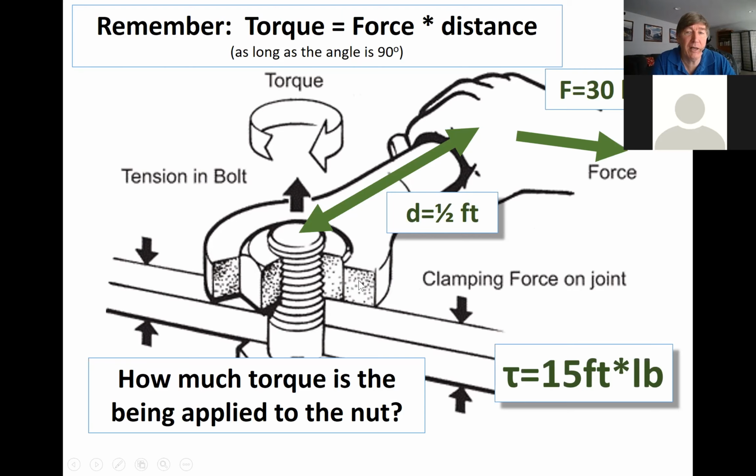How would you respond if this was 13 newtons instead of 13 pounds, and if this was a half of a meter instead of a half of a foot? The answer is still going to be 15. Very good, David. You got it exactly right. It's going to be either newton-meters or meter-newtons. Again, it doesn't really matter. The convention is we usually say newton-meters, although if you wanted to say meter-newtons, that'd be fine.